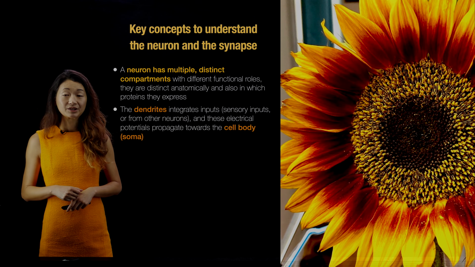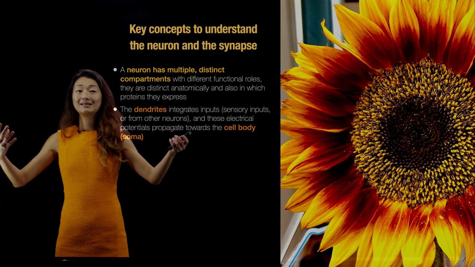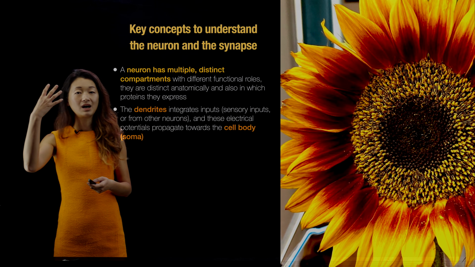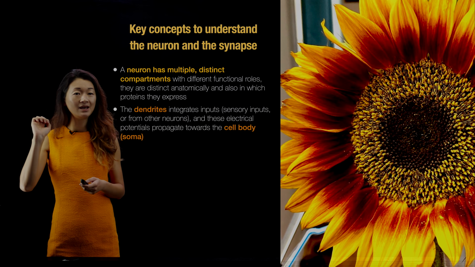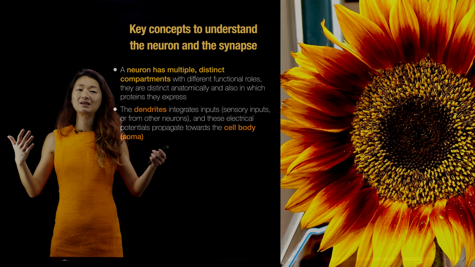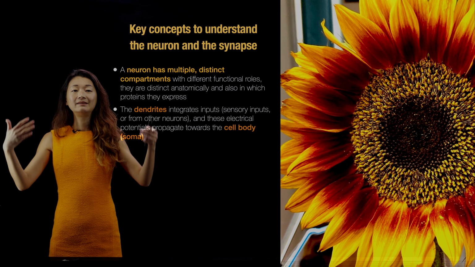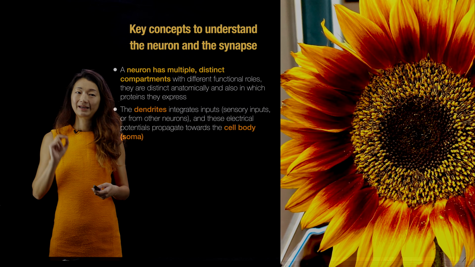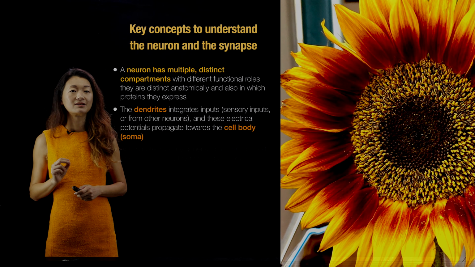So the dendrites, generally speaking, are the inputs. They take in sensory inputs, either from the external world, like photoreceptors in your eye or touch receptors in your hands, or inputs from other neurons, and there's lots and lots of them, right? Generically speaking, dendrites take inputs, and these electrical potentials propagate in a passive way, without generating action potentials, towards the cell body, also known as the soma.